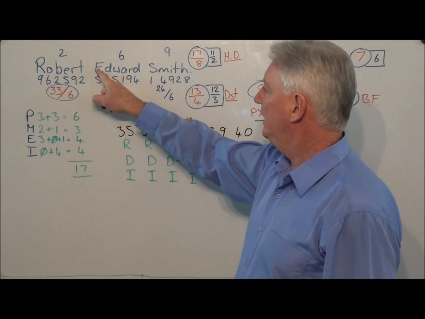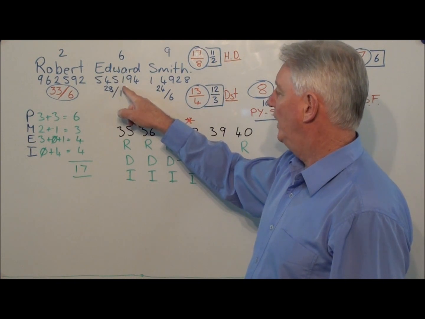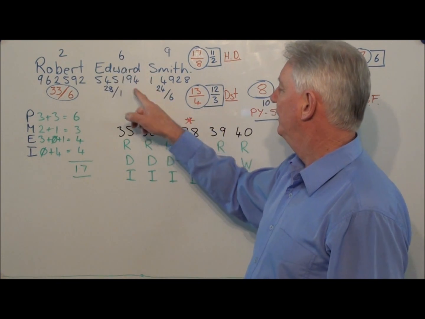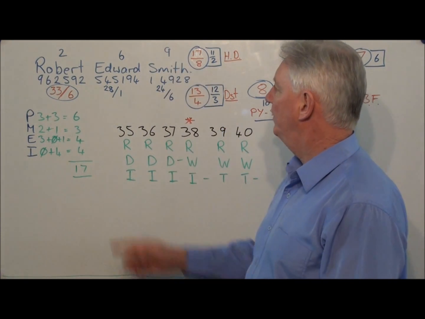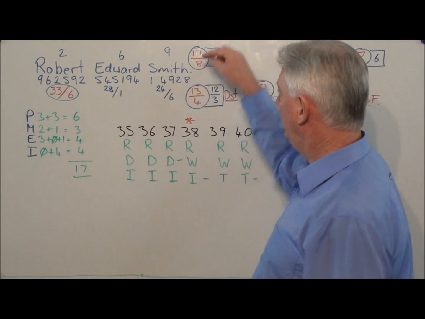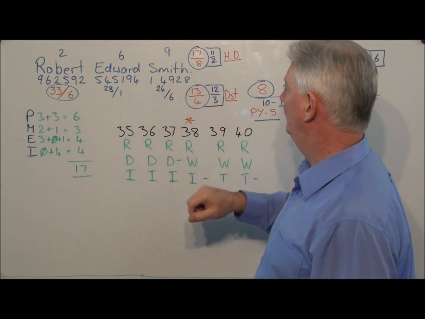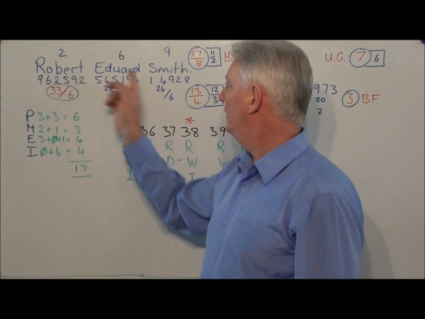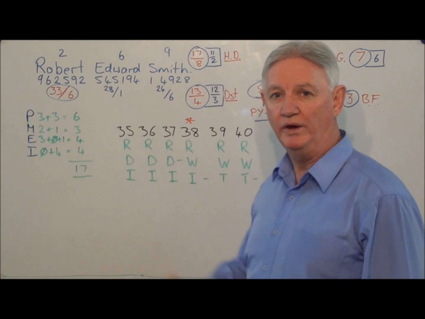In Edward we've got an E and an A. So 5 for E and A is 1, 5 and 1 is 6. And in Smith we only have the one vowel, which is I, take that straight up. So 2 and 6 is 8 and 9 is 17, which we put into the heart's desire area, and that reduces to 8. But Robert Smith, his called name again, the first and last name is the called name.